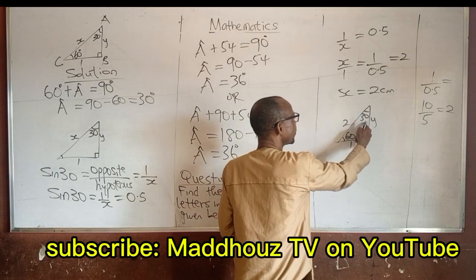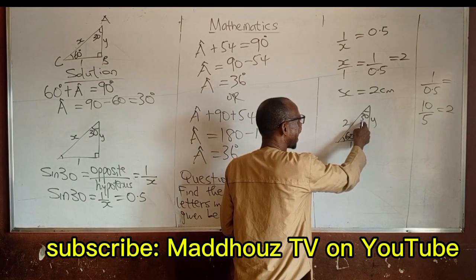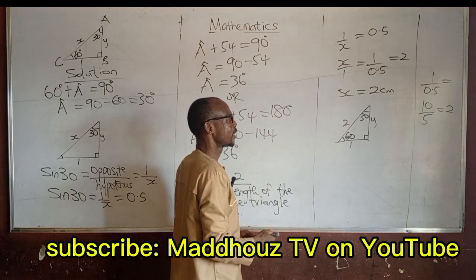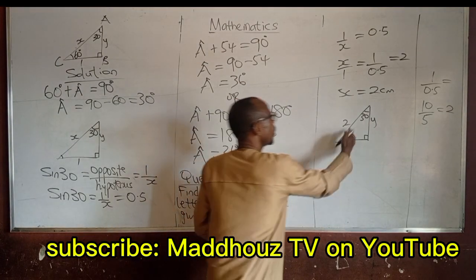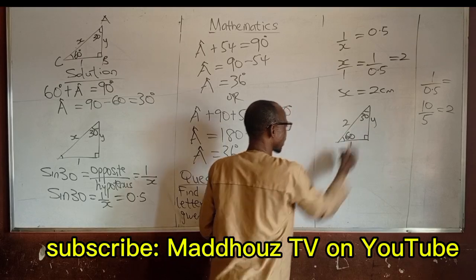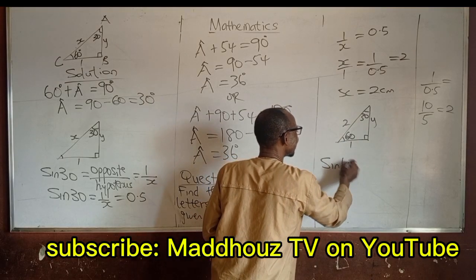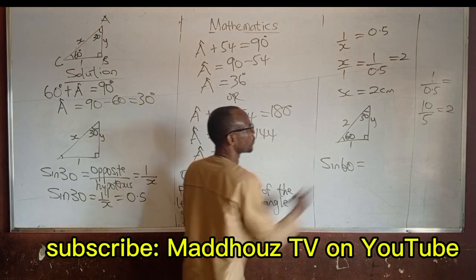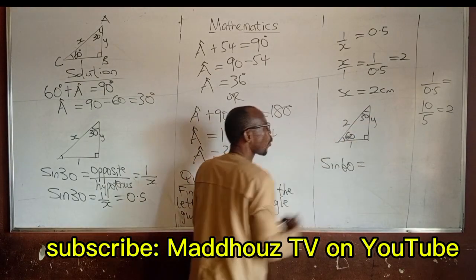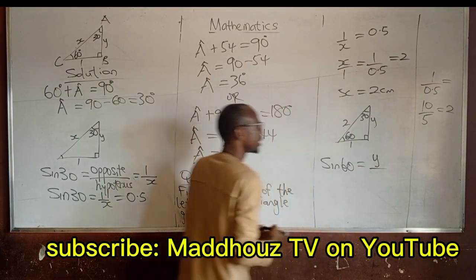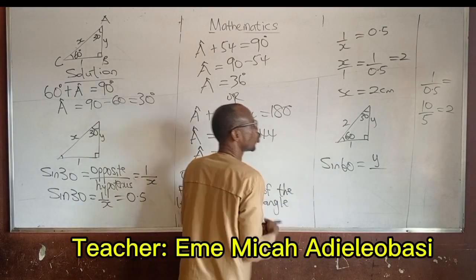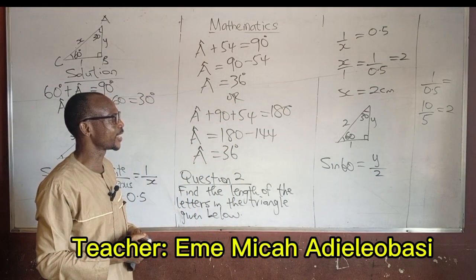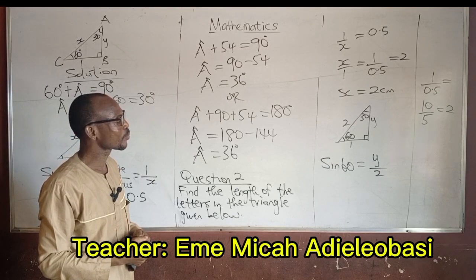We can use this 60 here, with this one adjacent. Sine 60 is equal to opposite over hypotenuse. The opposite of this 60 here is y, and the hypotenuse is 2. So we get sine 60 is equal to y over 2.